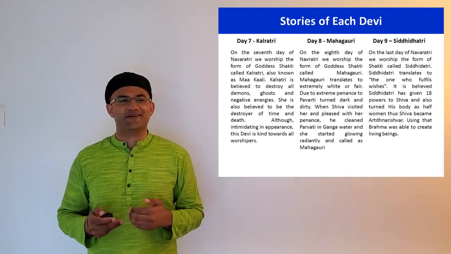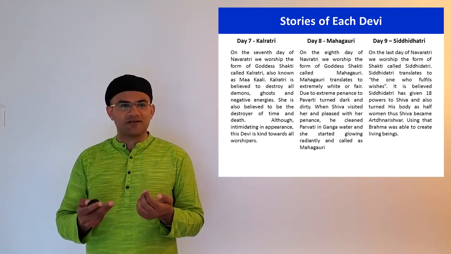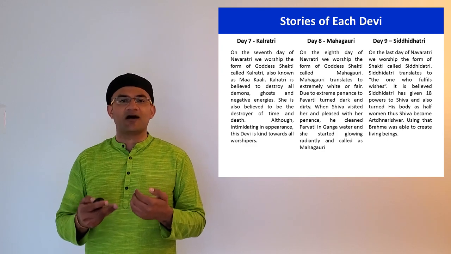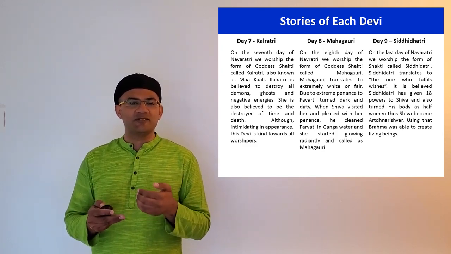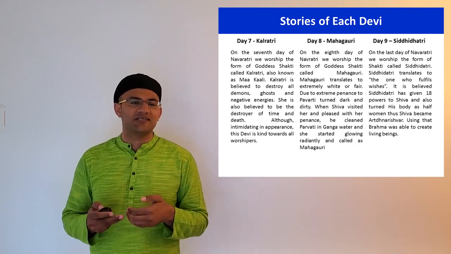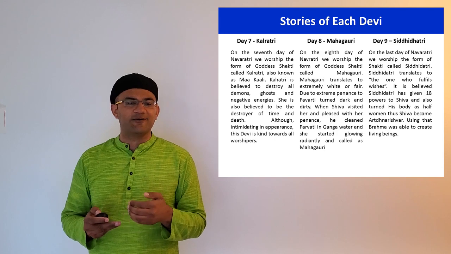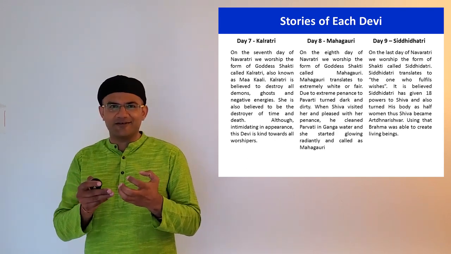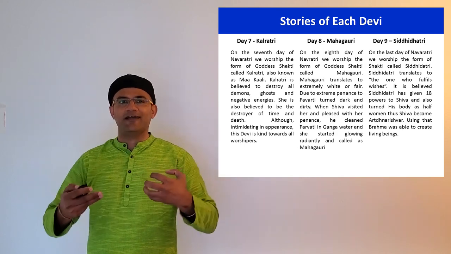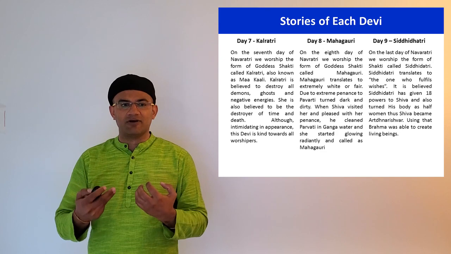Kalaratri on day 7. On the seventh day of Navaratri, we worship the form of Shakti which is Kalaratri, Ma Kali. Kalaratri is believed to destroy all the demons, ghosts, and negative energies. She is also believed to be the destroyer of time and death. Her appearance is very intimidating, very volatile, with eyes burning red hot.